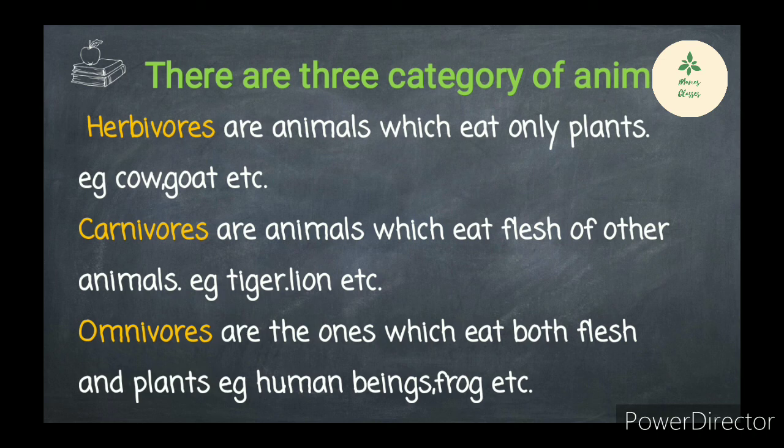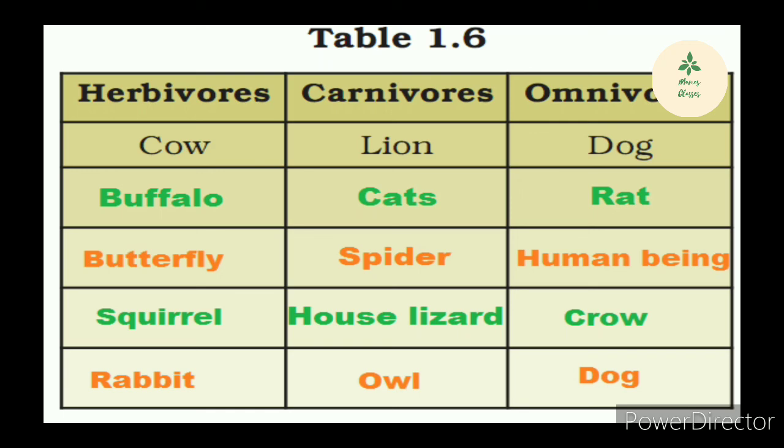And the next one is omnivores. Omnivores are the ones which eat both flesh and plants. And the examples are human being and frog. Here is the answer of table 1.6.